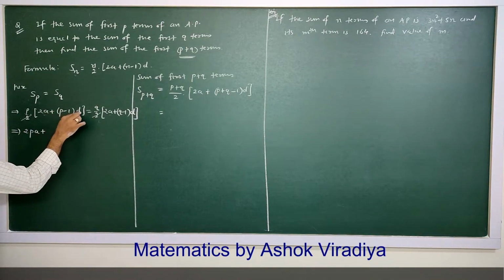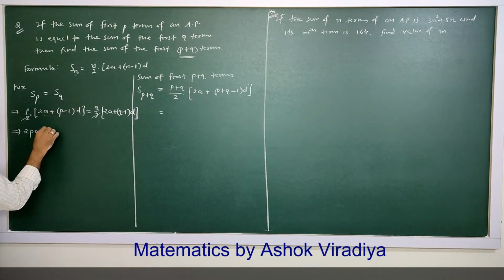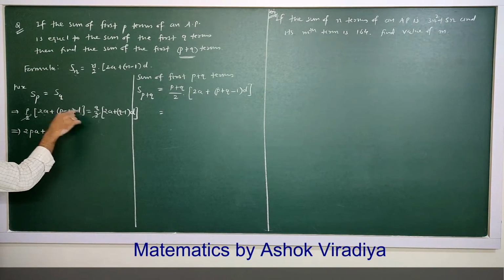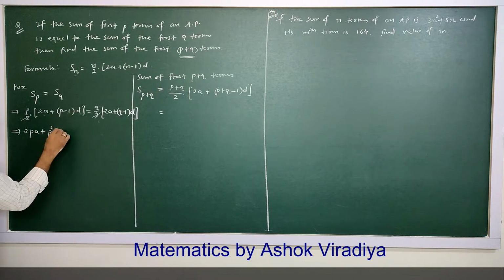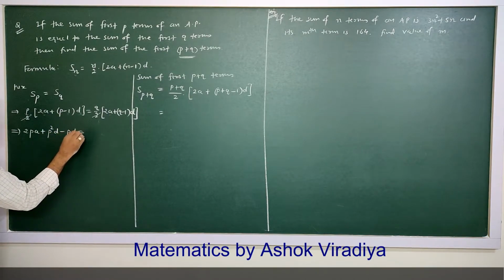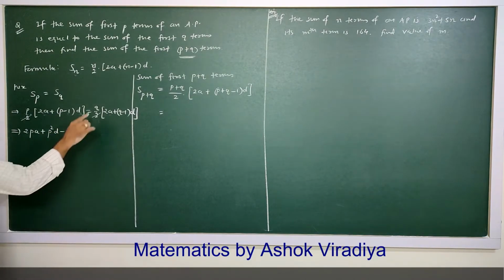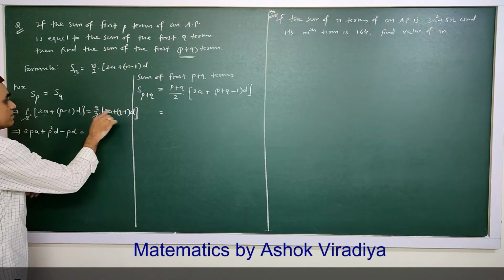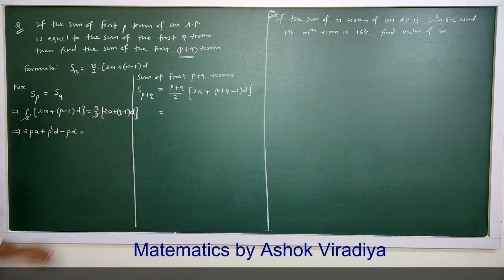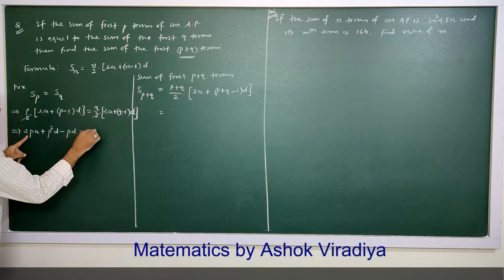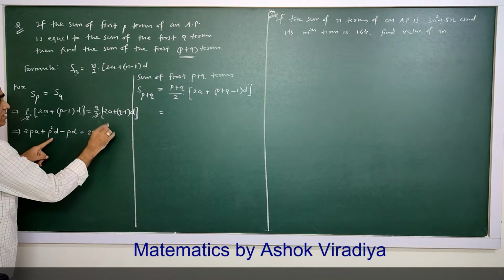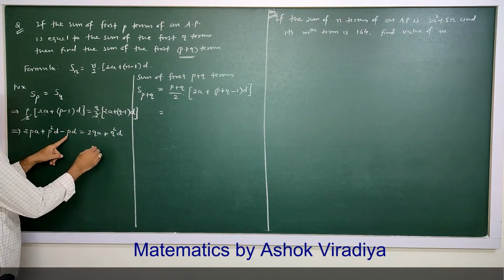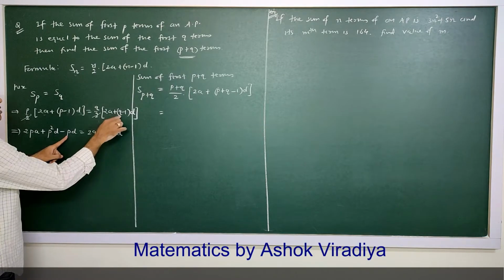So this is p square d, and p into minus d is minus pd, equal to, here similarly p will be replaced by q, so it is 2qa plus q square d minus qd.